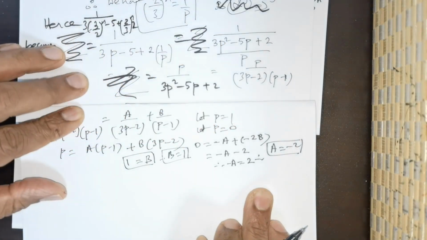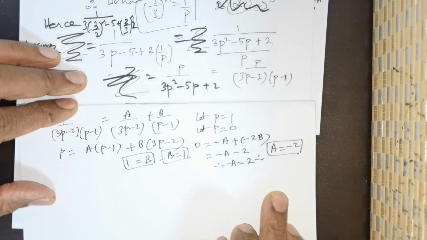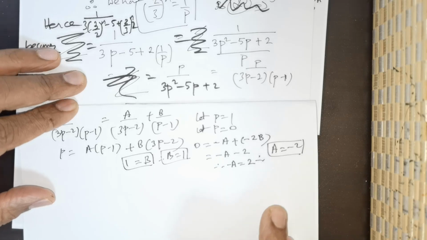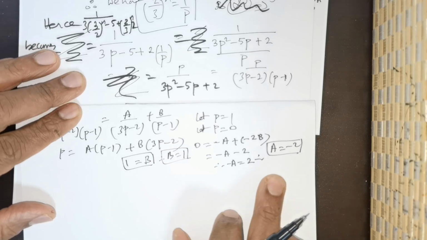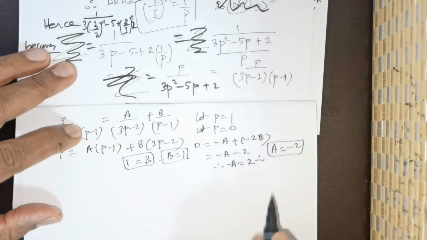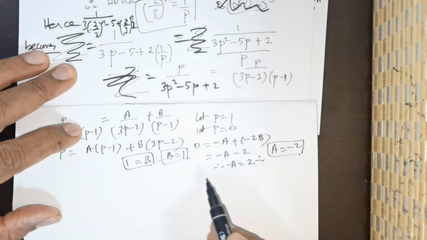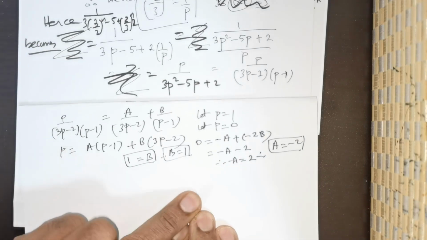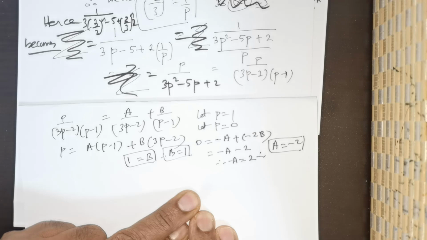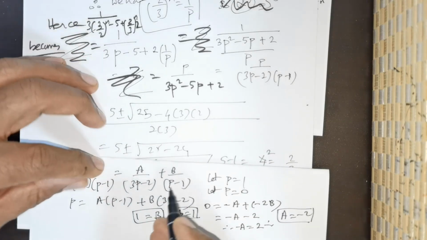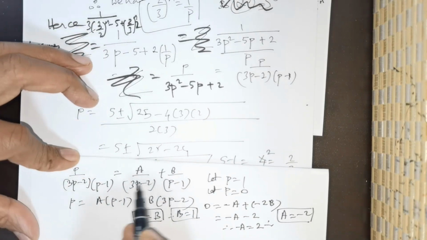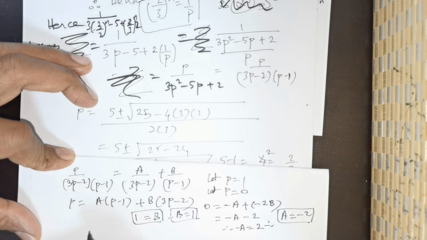So this is what we have got. Now what I wish to do is place in these values, negative 2 and 1, and substitute them instead of this.